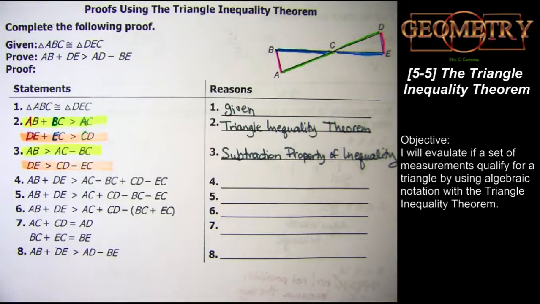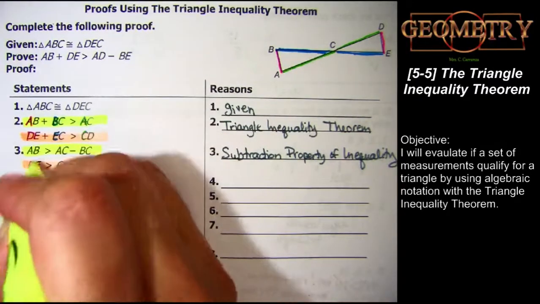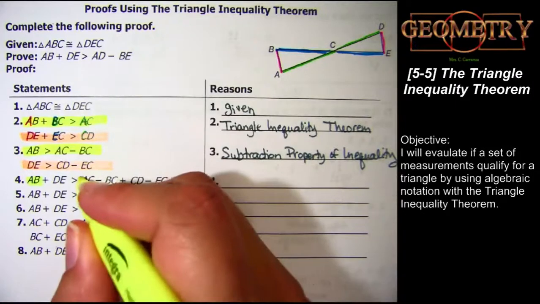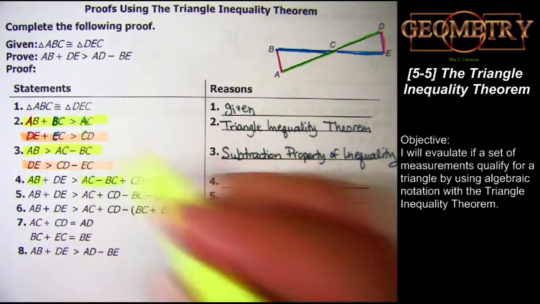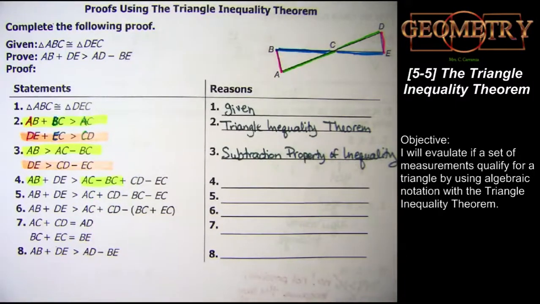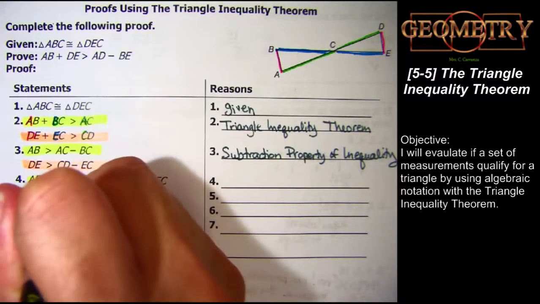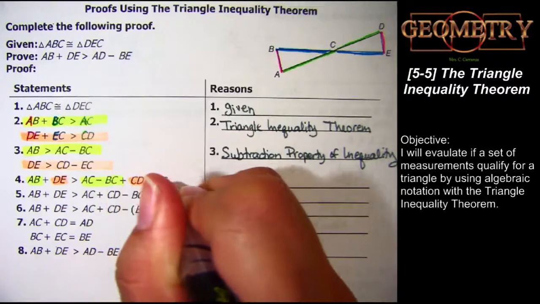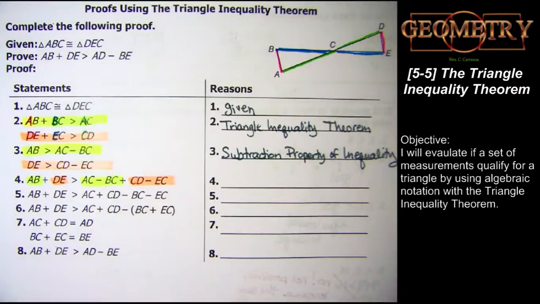Well, I have AB here, and I have AC minus BC here. That looks like it's related to statement 3. And then DE also in statement 3, and CD minus EC also in statement 3. This looks like I added stuff to both sides.